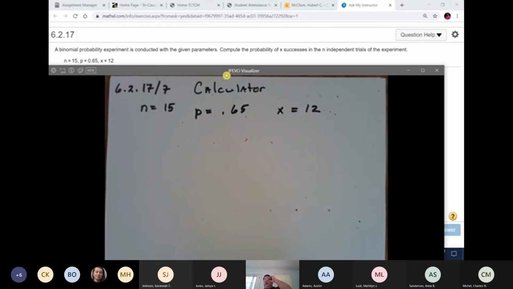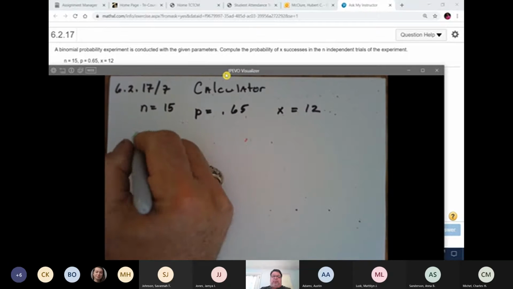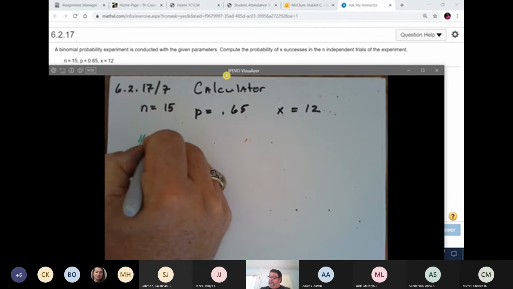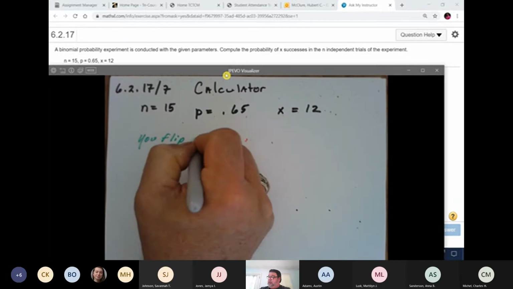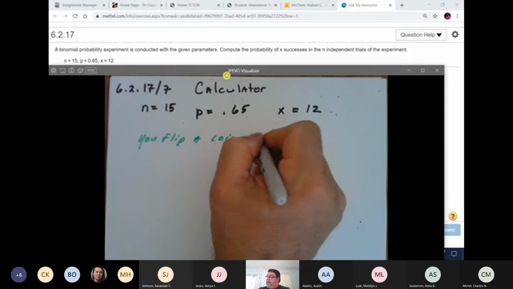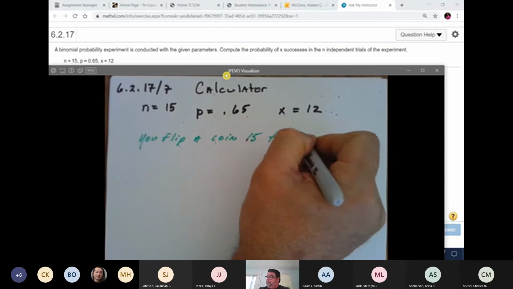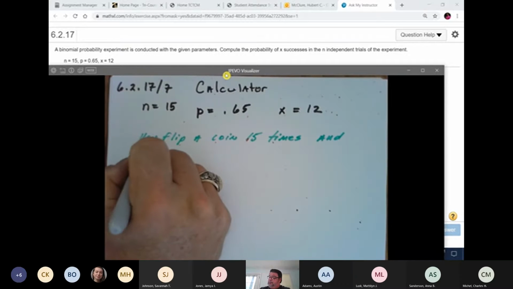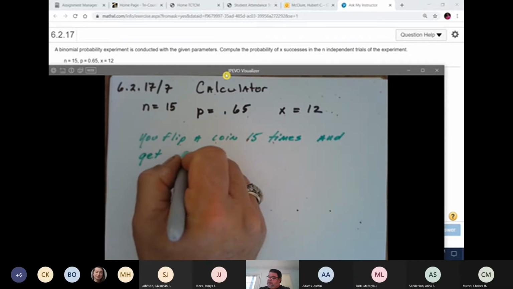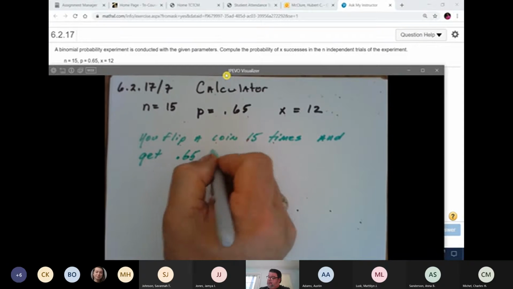Now, the type of question this might be, let me give you an example. I'm going to color this example an odd color, this turquoise green color. This is just for an example. You flip a coin 15 times and get 65% heads.